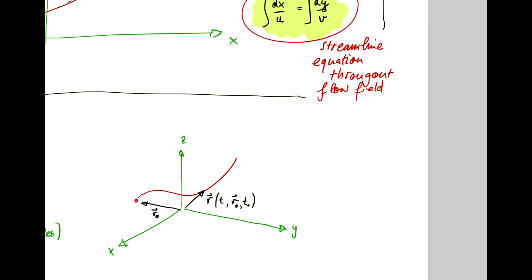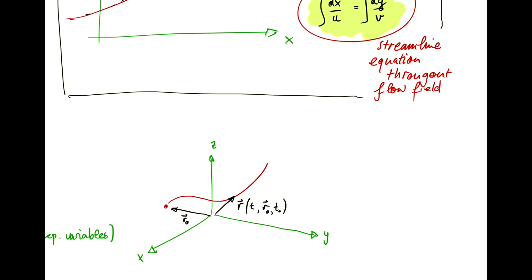In this case, the relationship between the position and the velocity field is simply given as dr/dt is u of x and t at the location x equals r. So it is just u of r and t.